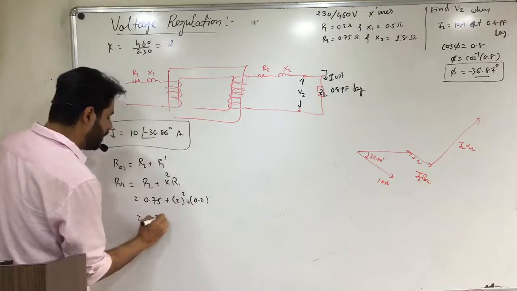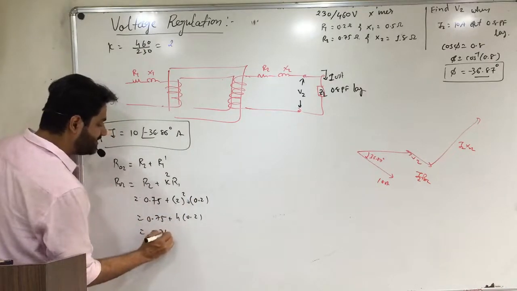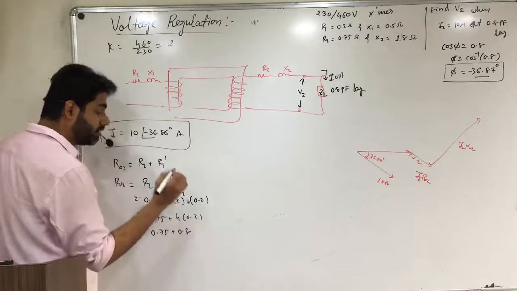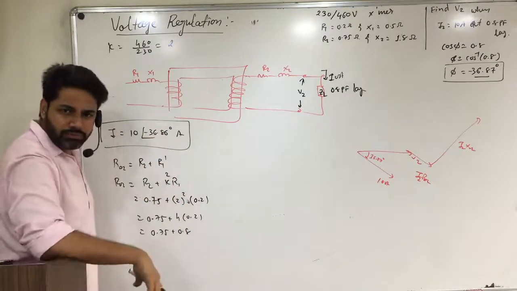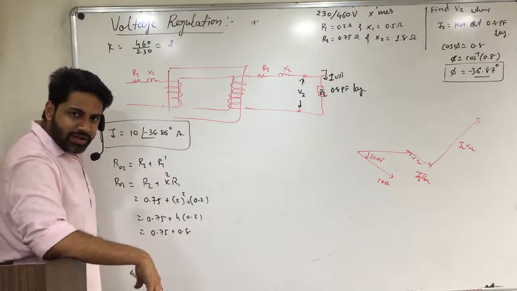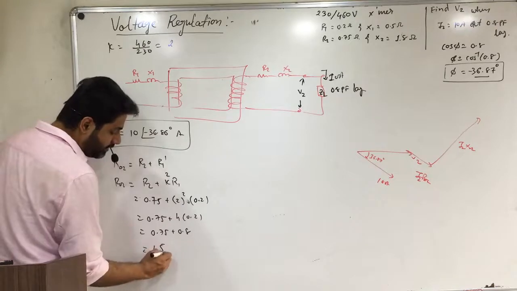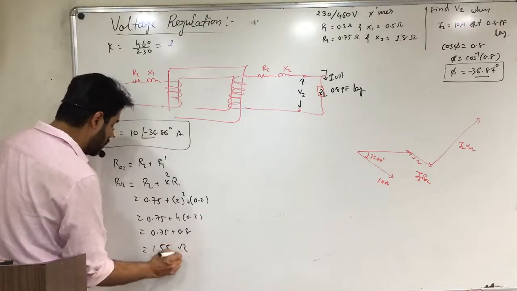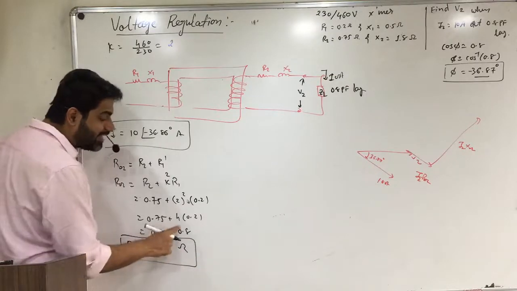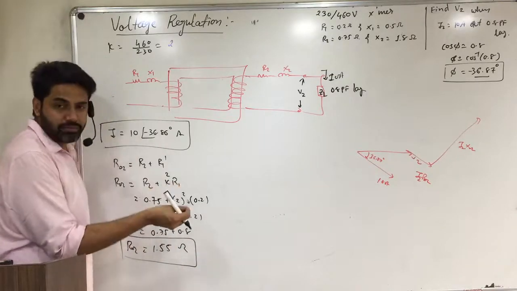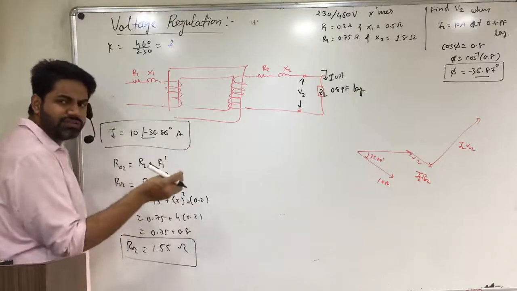So we have 0.75 plus 4 times 0.2, which is 0.75 plus 0.8. Can you see these two are really similar, almost equal? That comes to 1.55 ohms. So RO2 is 1.55 ohms. The value of R1 dash and R2 is almost the same.